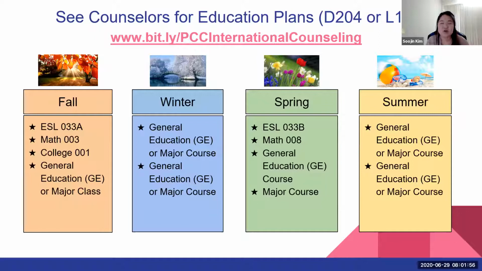Winter is a short term, so we recommend you take no more than 2 classes, so maybe a GE and a major course. Spring, continue with your English or ESL. If you are a STEM major, then you continue with your math, and then of course you take your GE and major course. Summer would look very similar to winter.